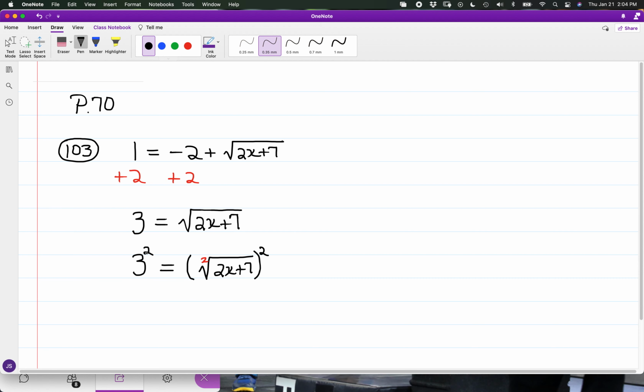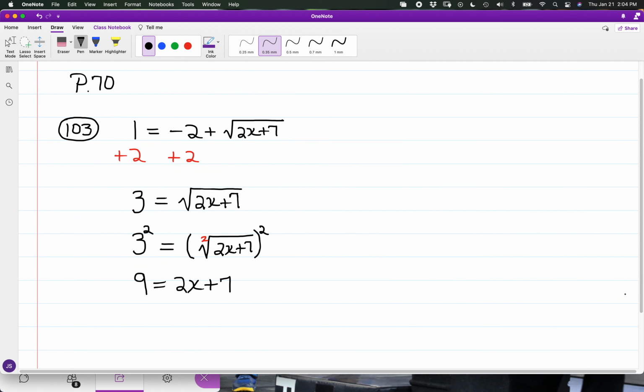At this stage, 3 squared is equal to 9, and the square root of 2x plus 7 quantity squared just leads to 2x plus 7. So we have 9 is equal to 2x plus 7.